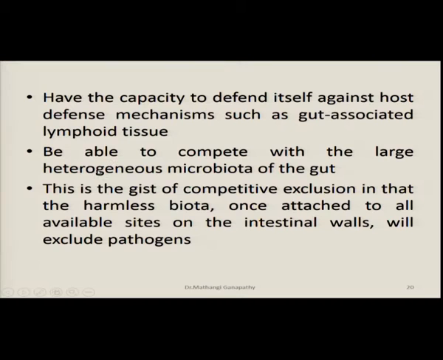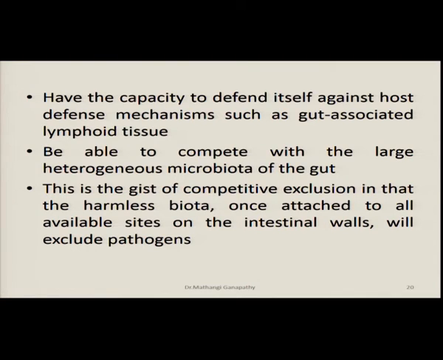So, the pathogen which is trying to get a foothold via food has to have the capacity to withstand, to defend itself against such host defense, and it has to be able to compete with the large heterogeneous microbiota of the gut. As I said, the human gut microbiome is huge.